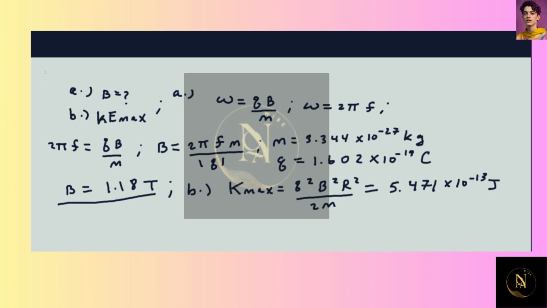Joules is fine, but if we want to put this into electron volts, 1 joule is equal to 6.24 times 10 to the 18 eV. So this is equal to this in joules, or 3.42 mega electron volts.